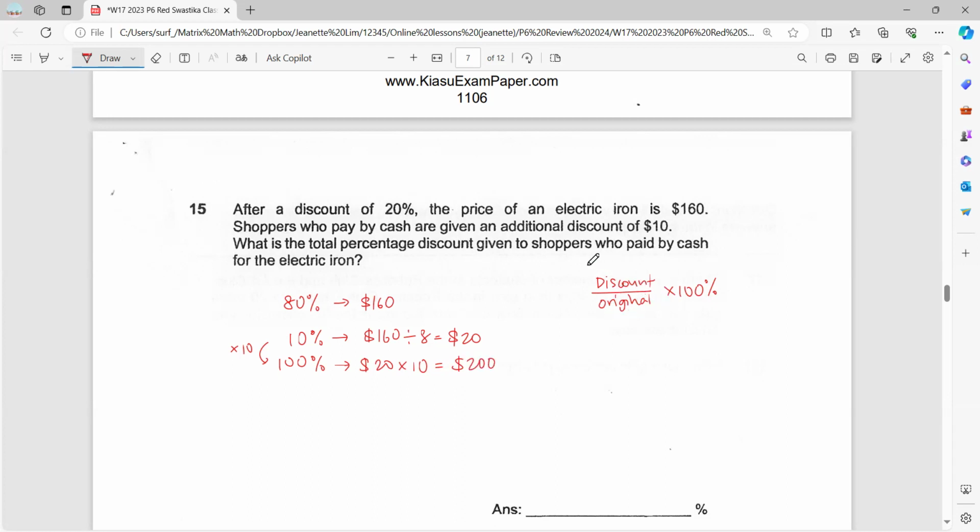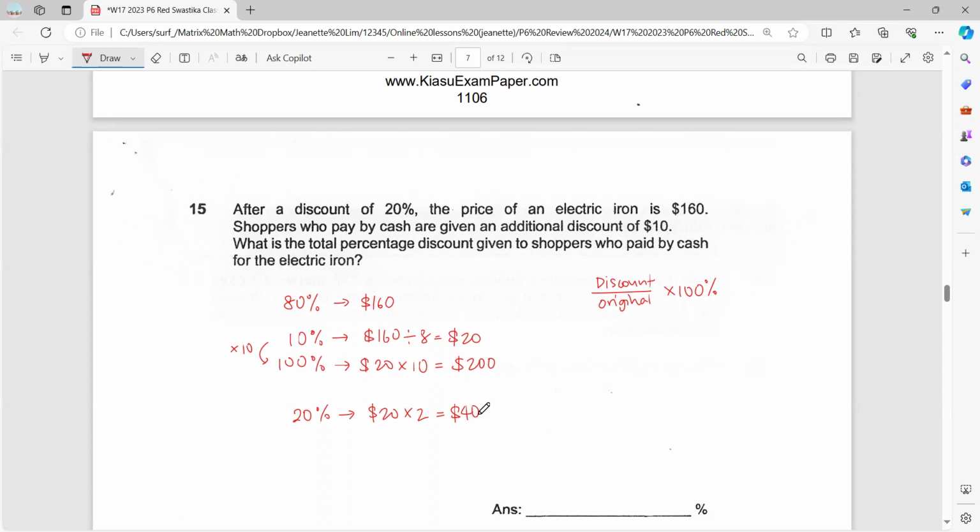Next thing I need to find is the discount. Discount is 20%, so $20 times 2. If you don't pay by cash, you're going to get a $40 discount, right? But if you pay by cash, you get an additional $10 discount.